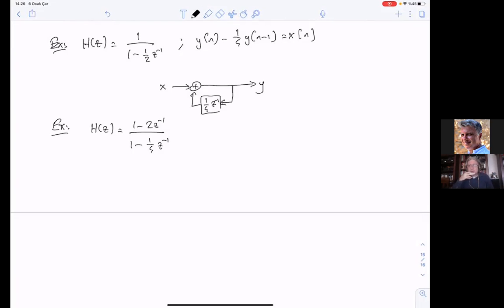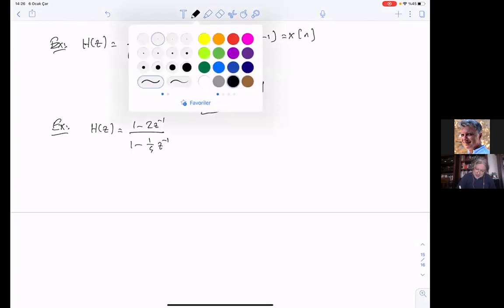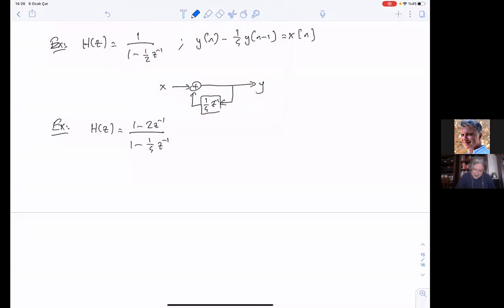So there's a z to the minus 1 over there, and in the denominator, there's another z to the minus 1. And the way to do this would be, I will use a different color, maybe, the input and the denominator is the one that we are doing, which is telling me that there's a delay and it is multiplied by minus 2 and it is added to the input. So this comes from the numerator.